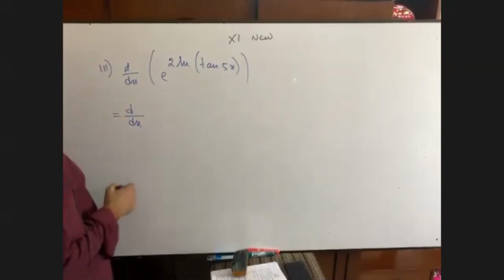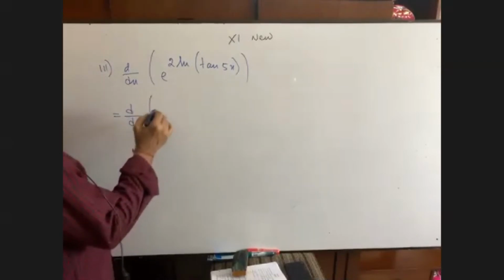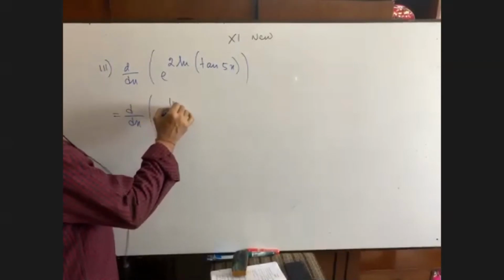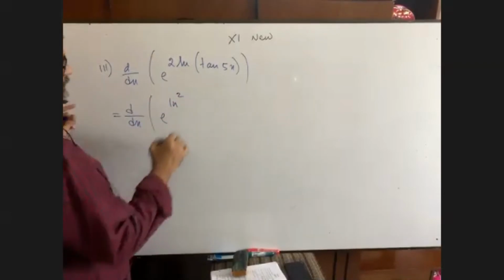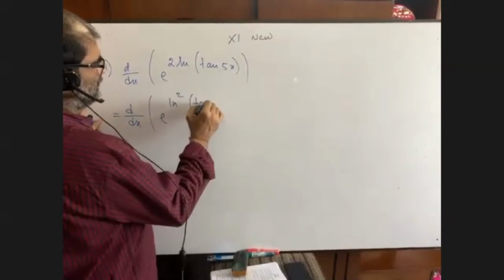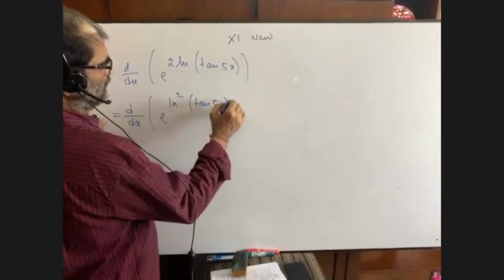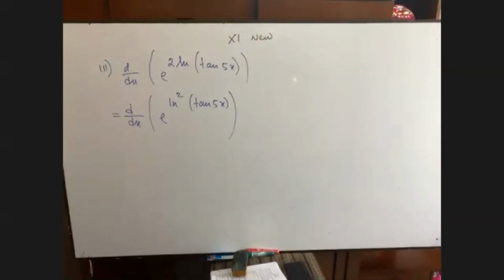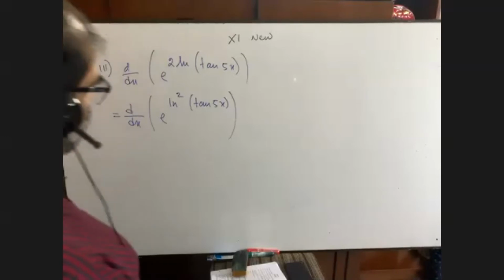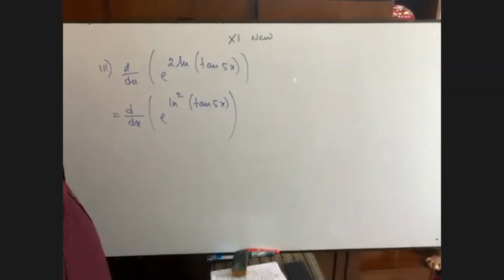d by dx. We can do here e to the power ln a square tan 5x. Let me know where you have failed to understand. Is it or not? It is not, right?